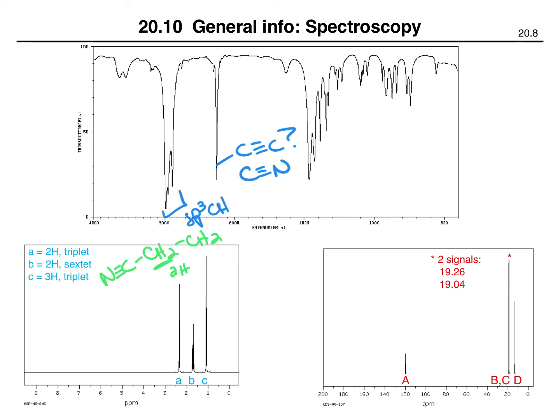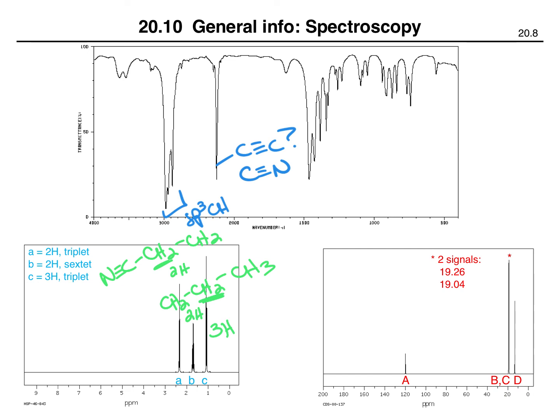B is also 2 hydrogens, so this must be a CH2 group. It is a sextet, so it must have a bunch of neighbors. So it could have a couple of neighbors here and 3 neighbors here, and that would work. And then C integrates to 3 hydrogens.